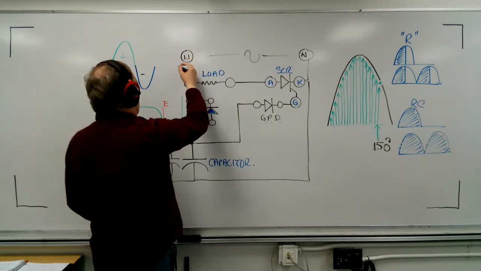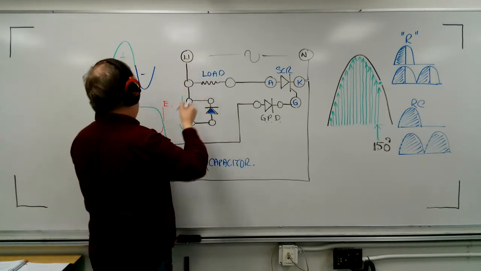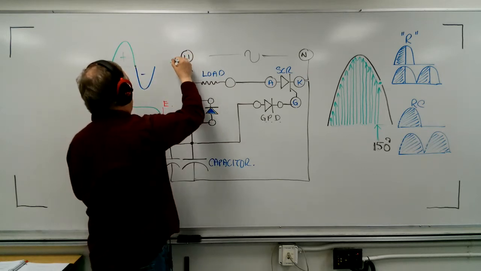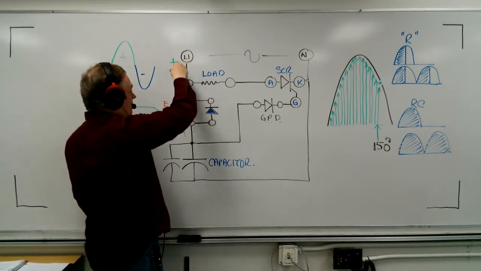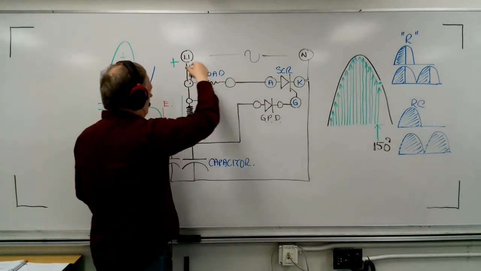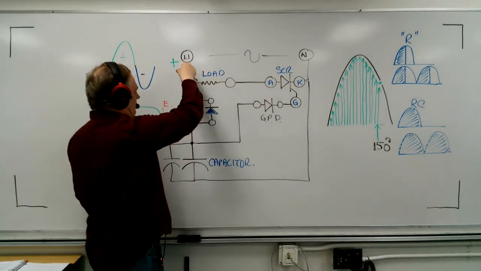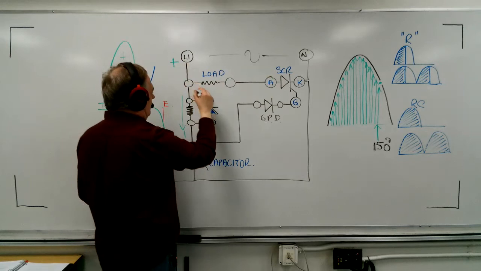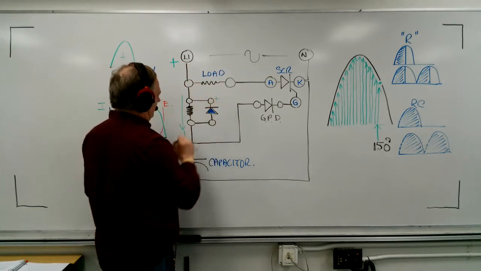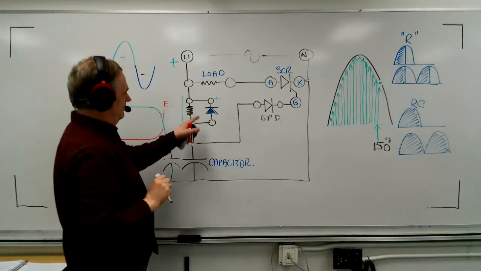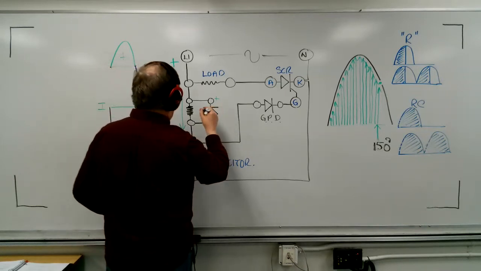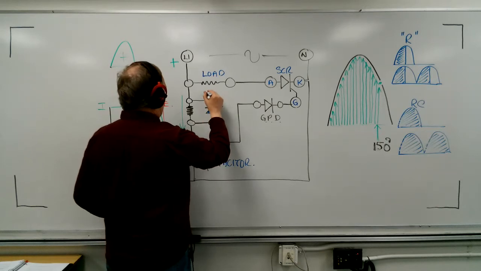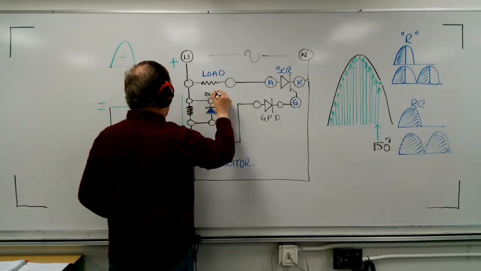Remember, at the instant that this is positive, then we have current coming in, going through the load, through the SCR as soon as it fires, and this current comes in here. Now, what happens if this diode is made positive? Now you can see, and what I want you to take note of is that this diode is in reverse bias.